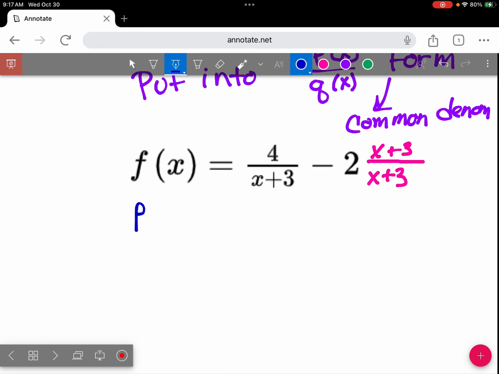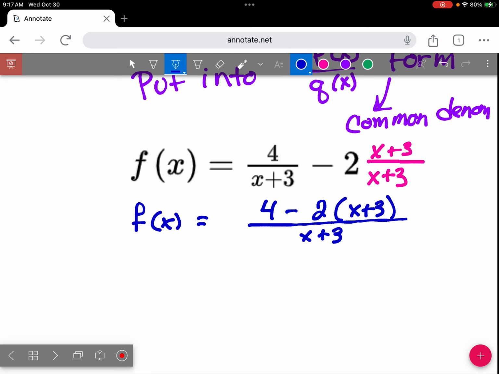So our f of x is going to equal, we're forcing it to have that x plus 3 as a denominator. So we're going to have our 4 minus 2 times our x plus 3. I'm just going to write this in several steps so we can see it.